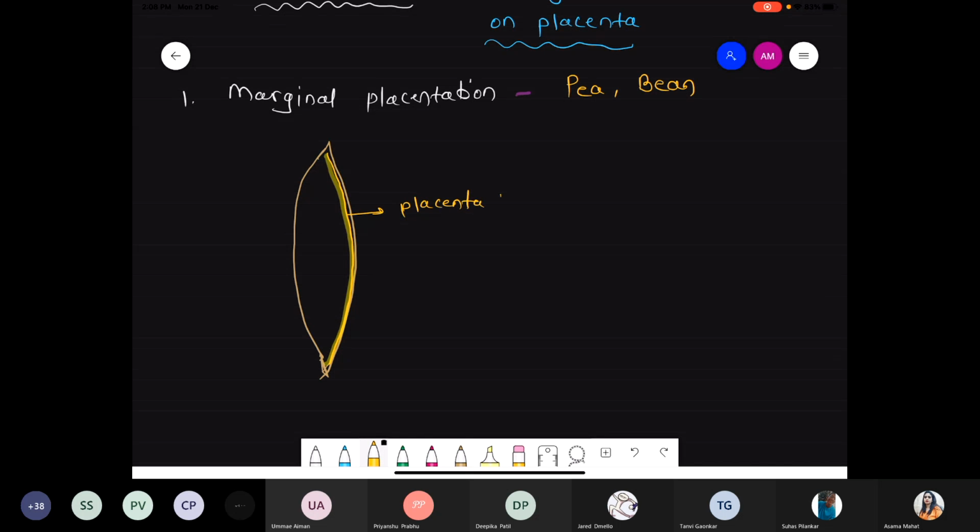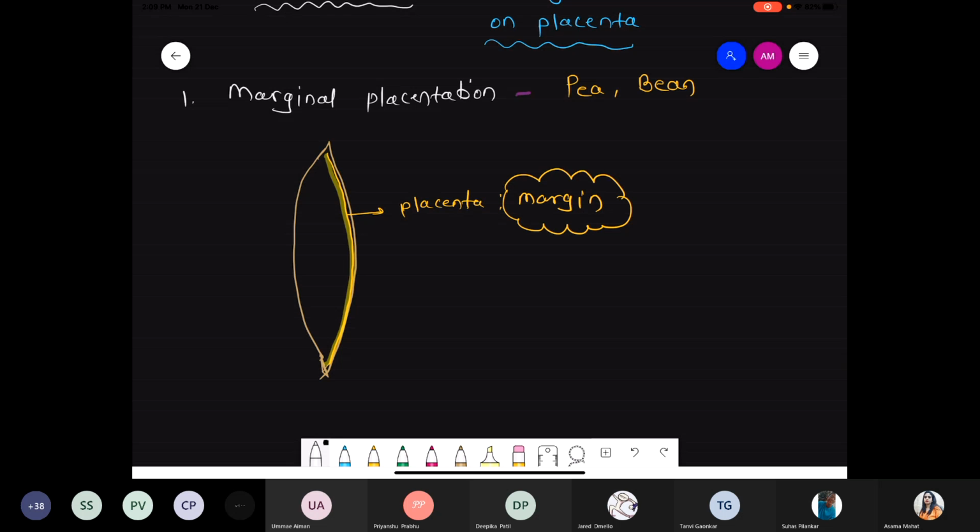And what is the position of the placenta? That placenta is present on the margin of that pod. Now on that placenta, seeds arise. When you open that pod, exactly at the center you will observe the seeds, because these seeds are nothing but ovules.